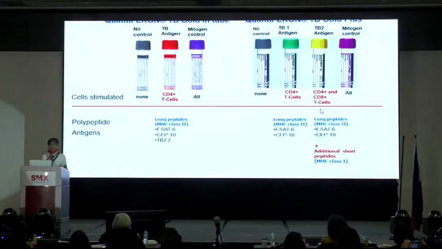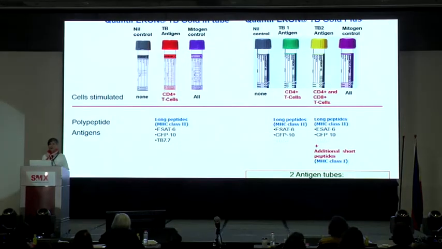So people ask, okay, why do you have 4 tubes? The reason for having 4 tubes and not having only the TB2 tube is because when you have 2 antigen tubes, you have double the results. You actually have more information. Stochastically, it can increase sensitivity. You can also use it for technical information.